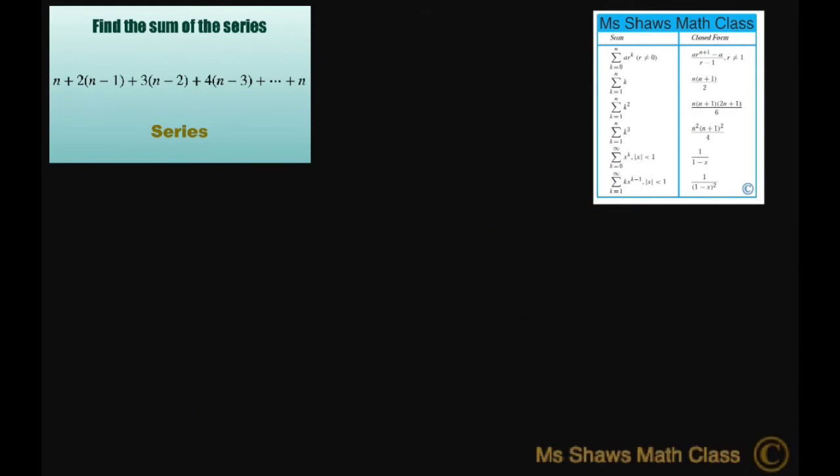And I'm going to write it down again. We had before the sum from k equals 1 to n of k times (n plus 1). That was our first one. So I'm going to pull this in front because we're dealing with k.